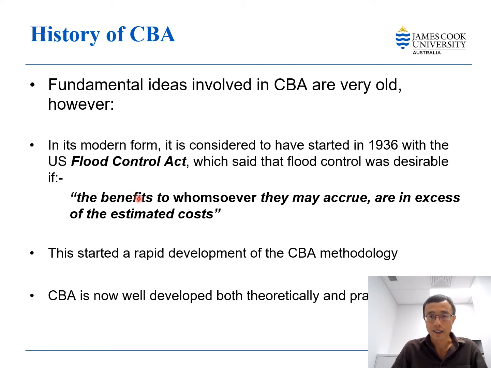First, benefits should be bigger than the costs. Second, this benefit and cost is to the society, not just particular individuals. So nowadays, CBA has become well developed, both theoretically and practically.